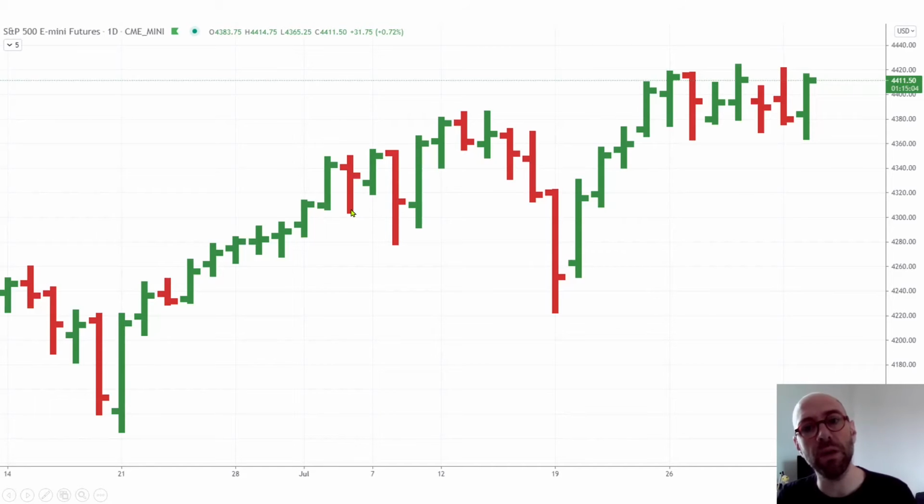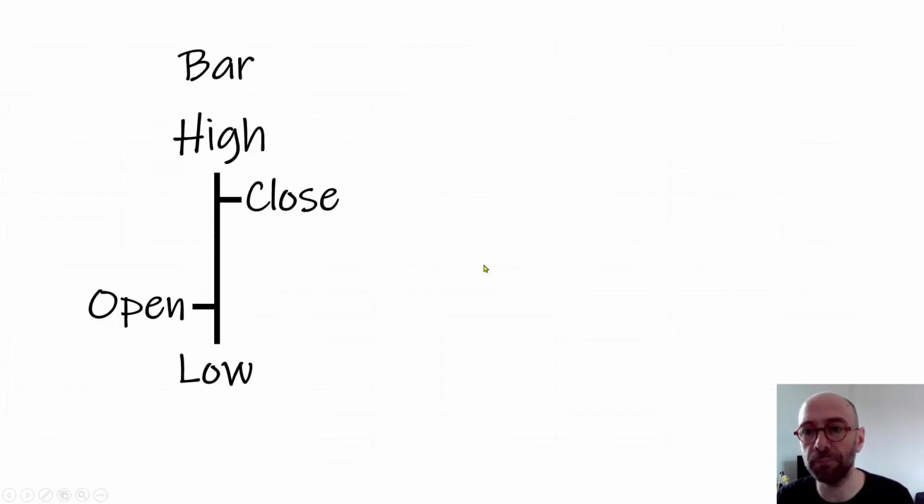So this red green combination is often used, sometimes white black, white for an up day, black for a down day. Again, you can use whatever colors you want, and these days with the software that is commonly available, there's a lot of freedom and flexibility on what you can do. But again, it's just an example of what you can have.